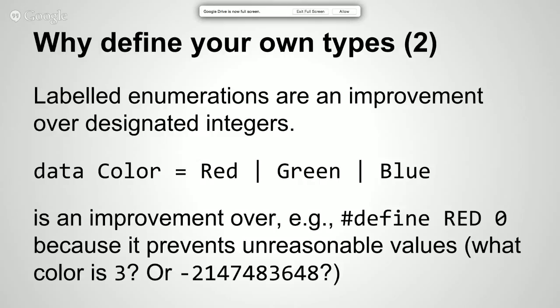In Haskell, you can define a data type called color that just has values red, green, and blue, and not have to worry about those numbers. Under the hood, they are definitely represented as some integers. It could be 0, 1, and 2. It could be something else, but the compiler takes care of that for you and makes sure that some junk value doesn't get passed in.